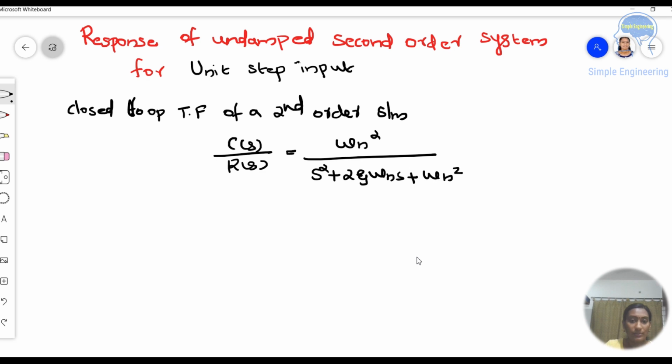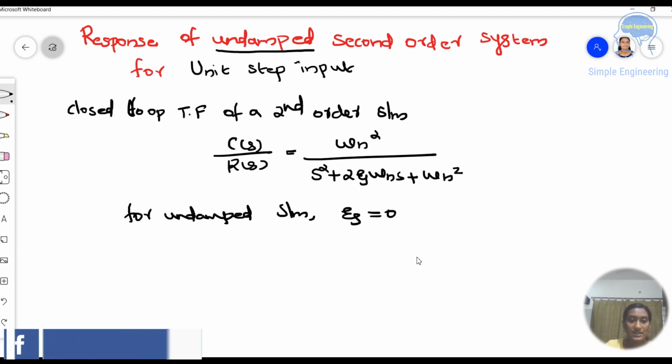So C(S)/R(S), this is the equation, and we are going to find the response of the undamped system. For an undamped system, the damping ratio zeta is equal to 0.